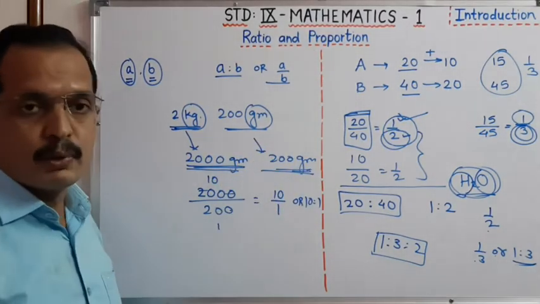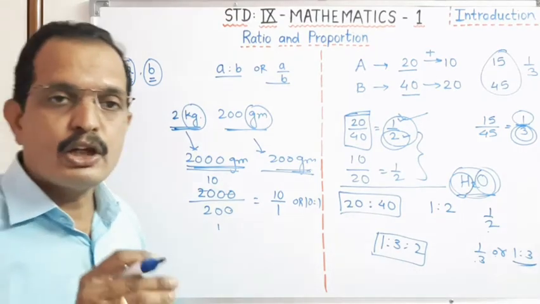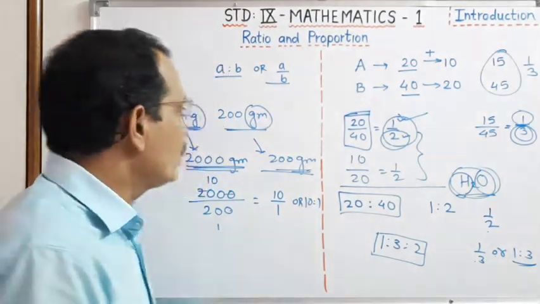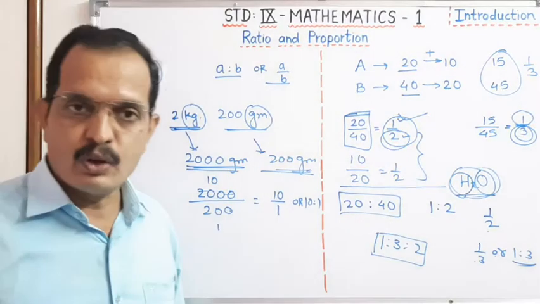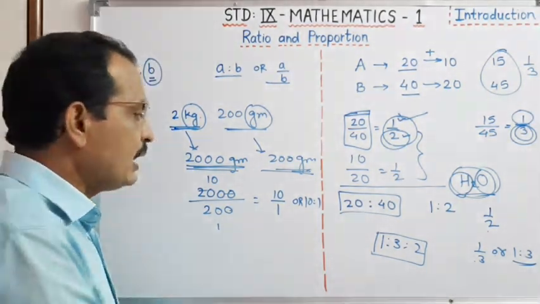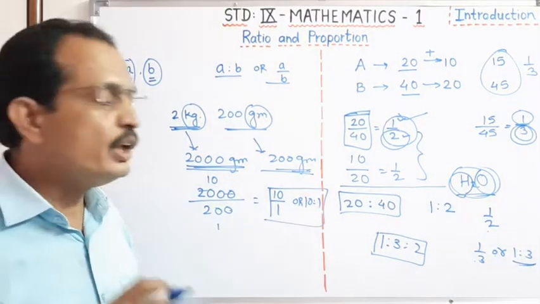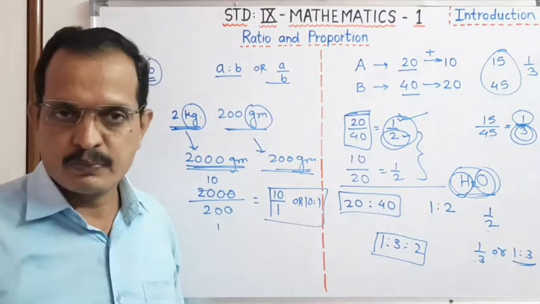Now dear student, here I write the unit for this quantity, and for this quantity there is a unit. But when we are taking out the ratio, at that time the ratio does not carry any units. Got it? Because it is in a multiple form. Therefore, while writing the ratio of any two quantities, any three quantities, we need not write the unit of that. Got it?